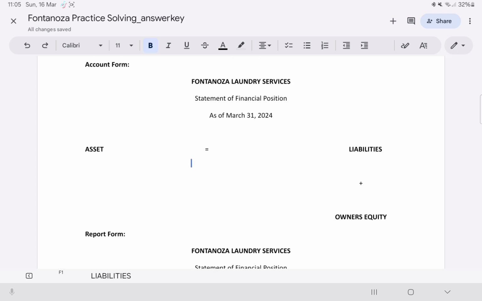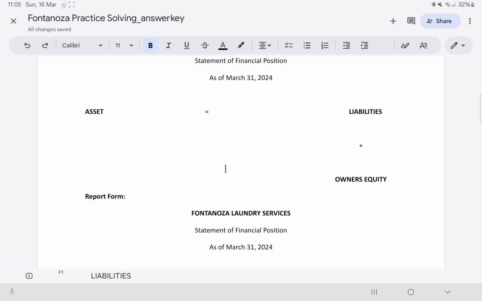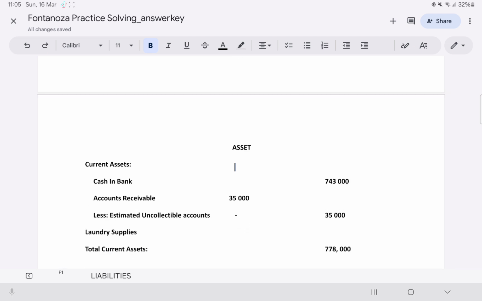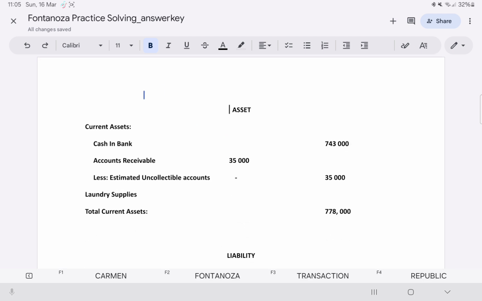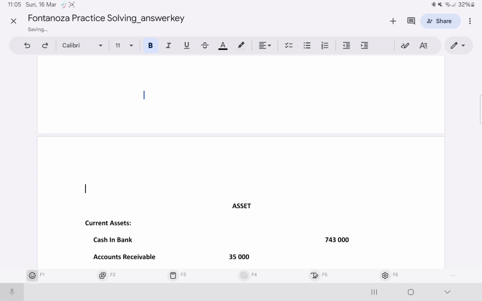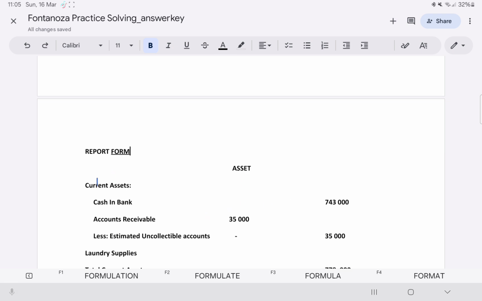Okay, so here I will be preparing the format for the report form. Under assets, we have the current assets.